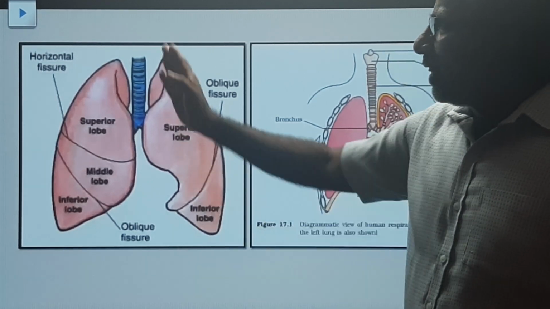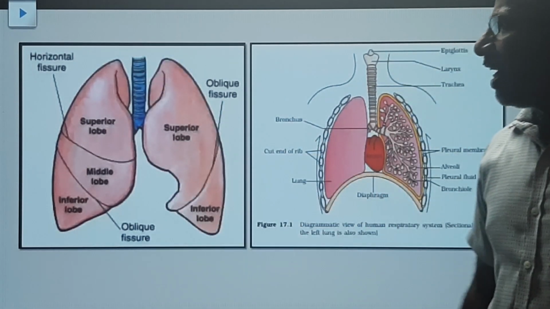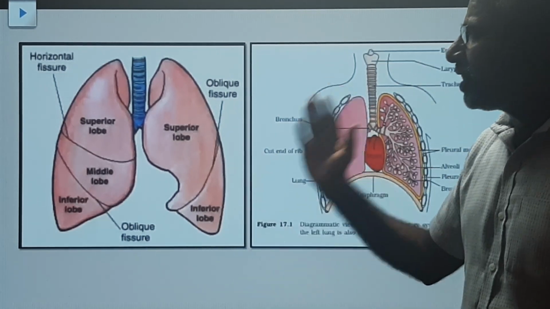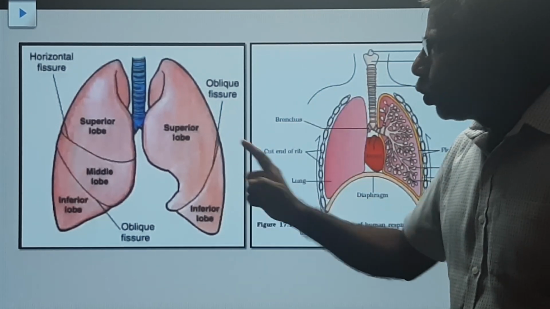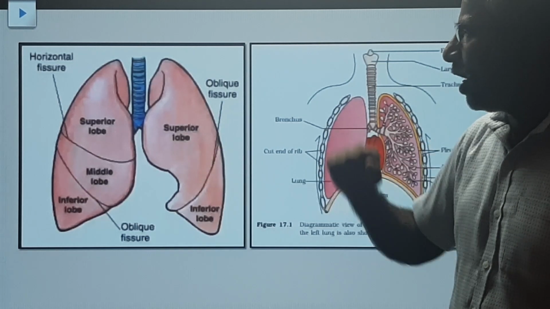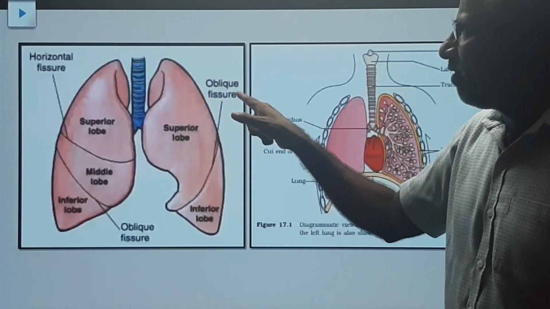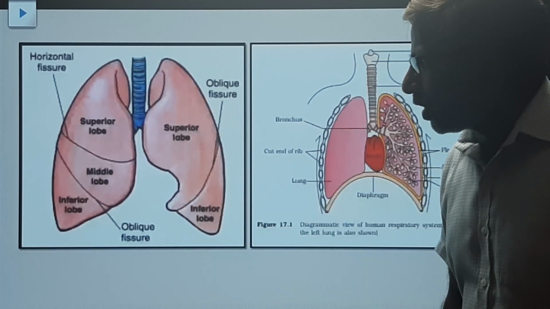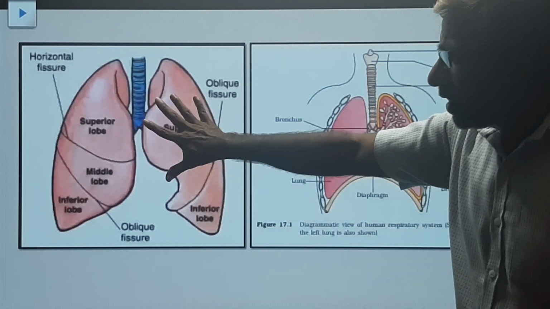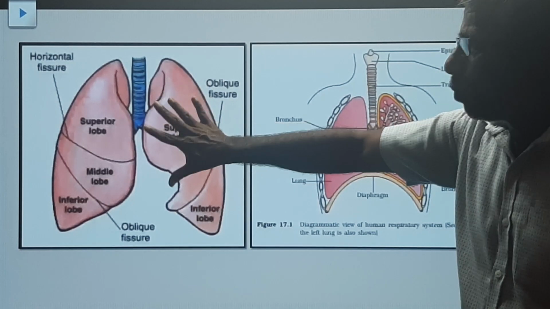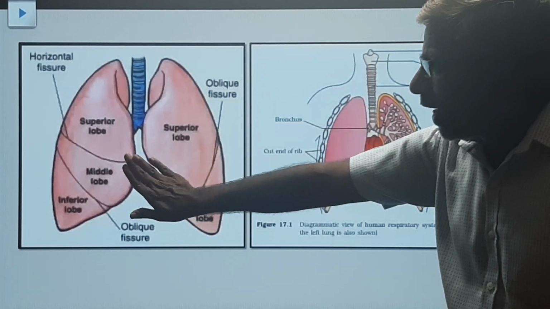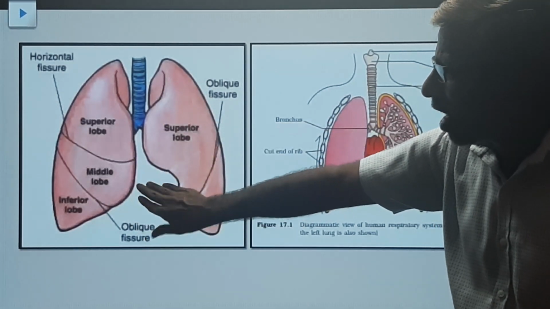Like that, the right lung has three lobes, while the left lung has only two lobes. That is the left superior lobe and left inferior lobe, both separated by the oblique fissure. Why does the left side have only two lobes? Because the left location is occupied by the heart.